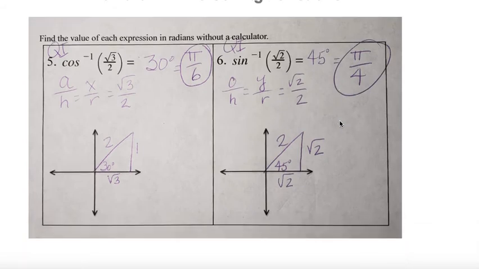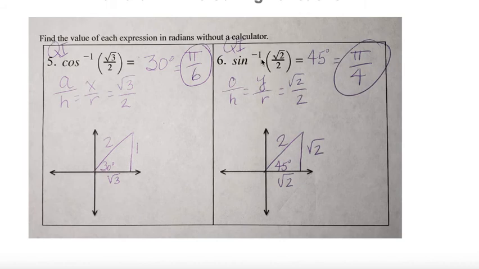And for the last two problems, cosine inverse of root 3 over 2 is like asking what angle measure has a cosine ratio of root 3 over 2. So the x-coordinate or adjacent is root 3. The hypotenuse or radius is 2. That happens on a 30, 60, 90. So we have, again, a 30-degree angle here, or pi over 6.